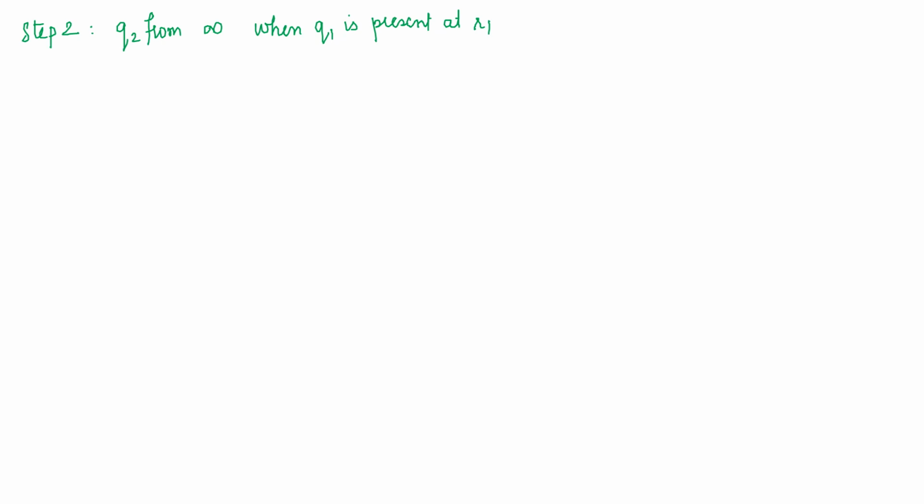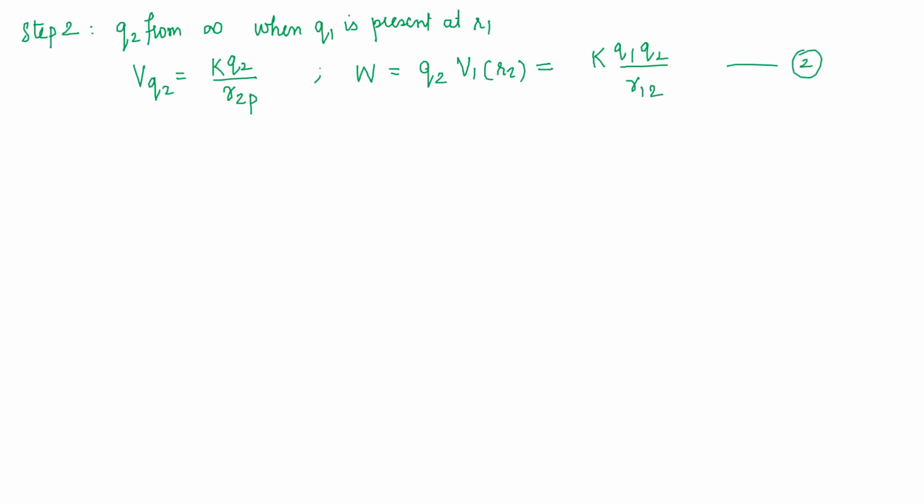So the potential because of q2 will be kq2 upon r2p, but the work done will be equal to q2 into potential due to 1 at r2, which will give us kq1 q2 upon r12. This is our second step and second equation.